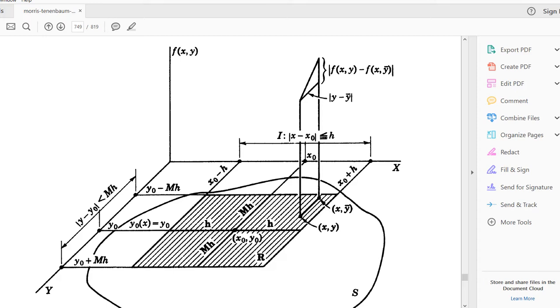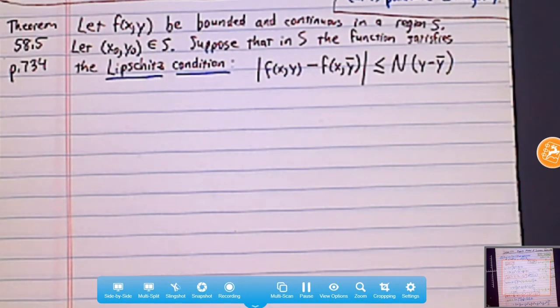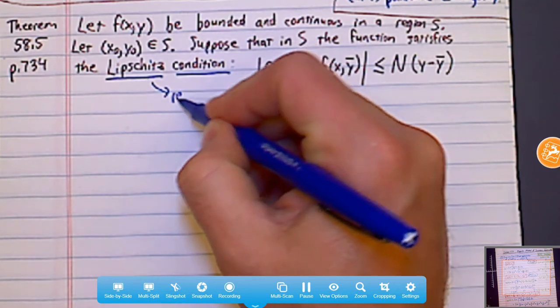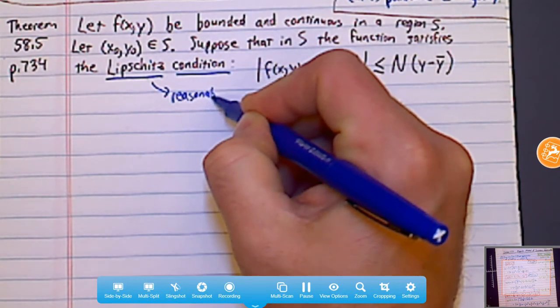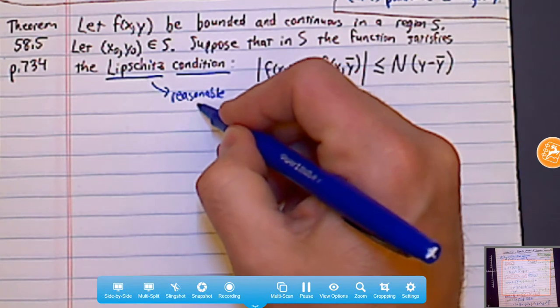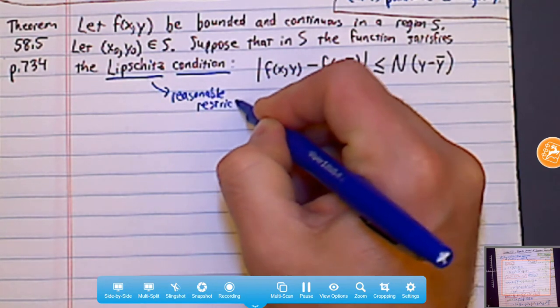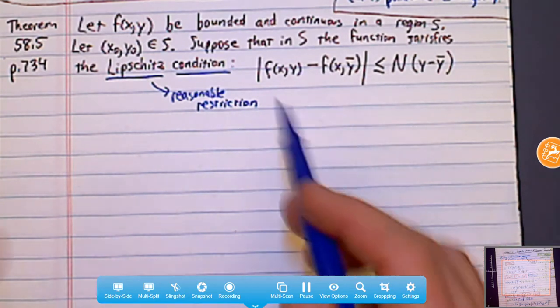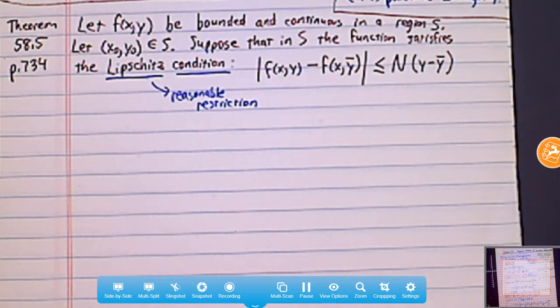So I don't want to go crazy with this stuff. But I will say that the Lipschitz condition is a very reasonable restriction. Probably if I just say, name a function, your function is going to satisfy the Lipschitz condition if it's continuous. Okay? So this is kind of technical, I guess. But let's say what the conclusion is then.